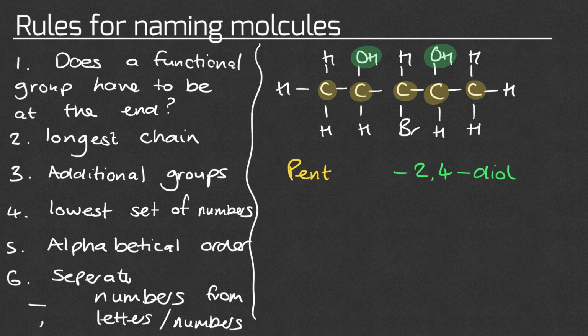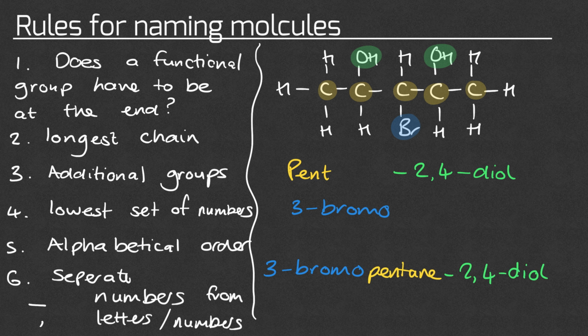Di because there are 2 of these functional groups, and ol because that is the suffix for an alcohol functional group. We've also got a bromine atom on carbon 3. So this would be called 3-bromo. 3 because it's on carbon 3, and bromo because that's the prefix for a halogenoalkane functional group.